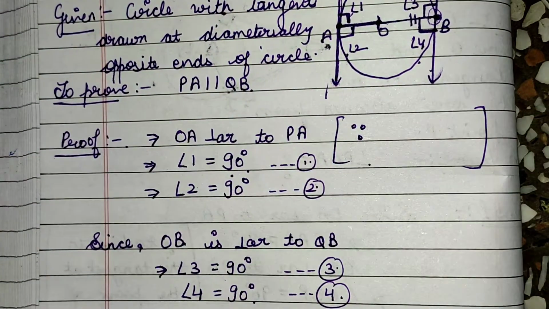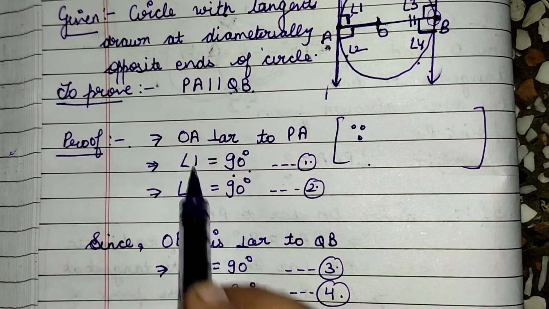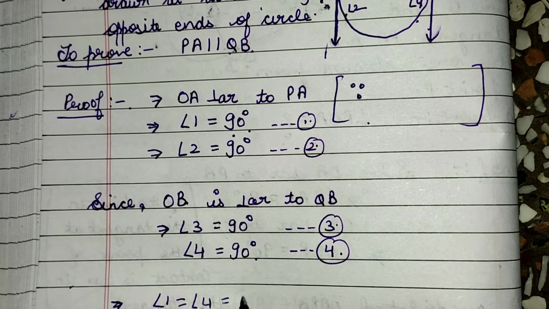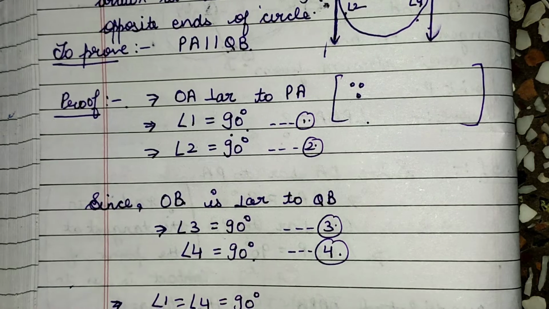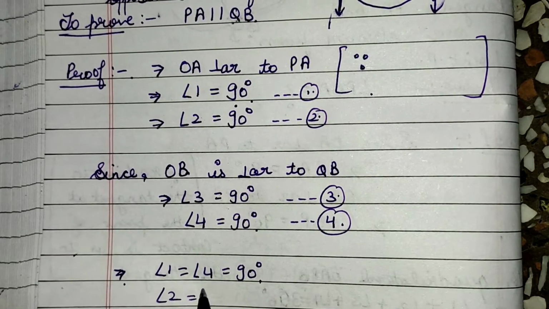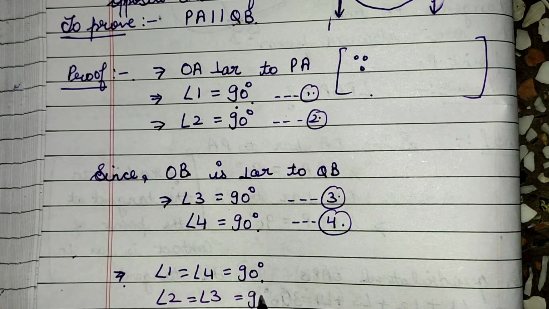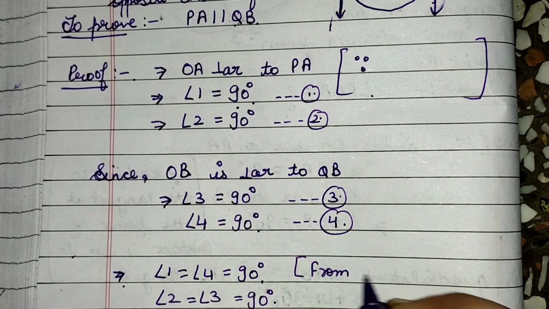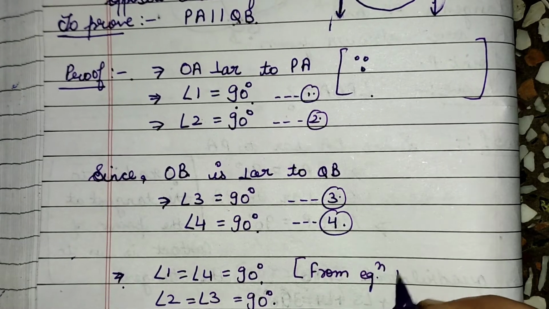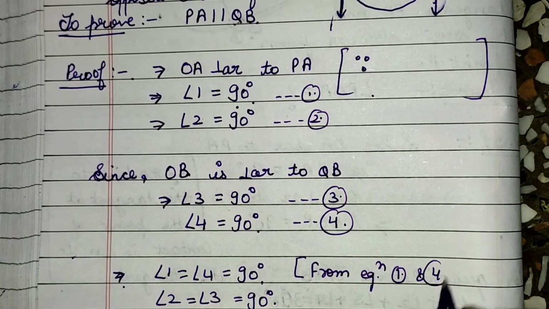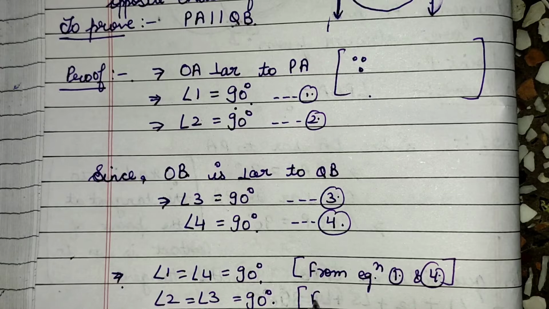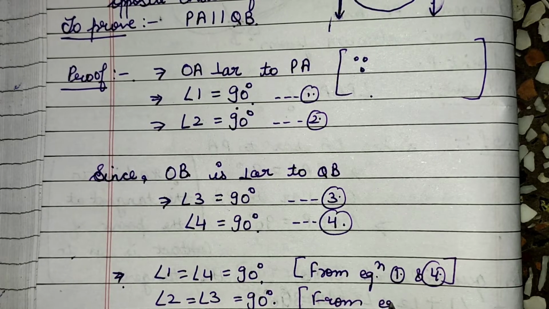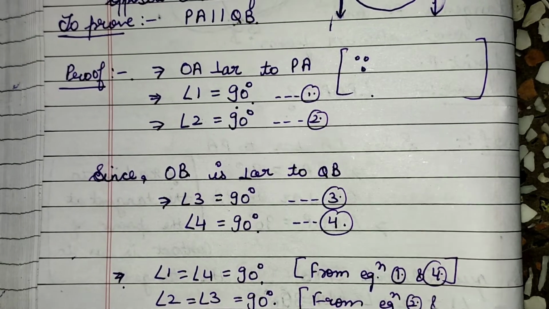Okay, so now you can see that angle 1 is equal to angle 4, which is equal to 90 degrees, and also angle 2 is equal to angle 3. This result is from equations number 1 and 4, and this result is from equations number 2 and 3, right?